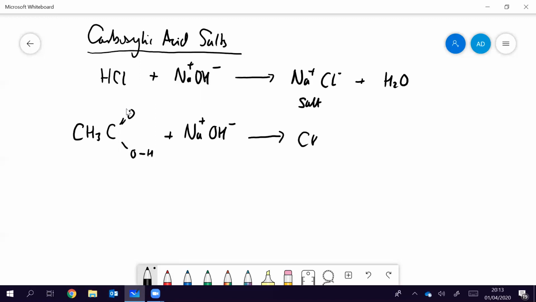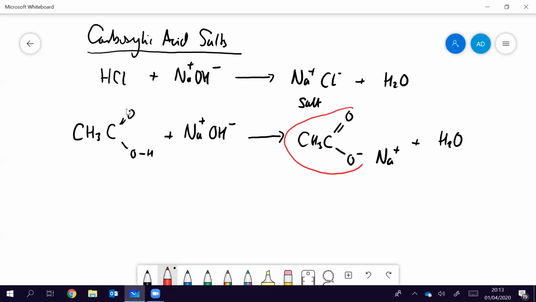So we're going to form this negative ion, and that will be on the positive ion sodium, and we're going to get H2O. Obviously, in aqueous solution, I've drawn that sodium very close to that ethanoate ion. It's not going to be anywhere near it, really. They're just floating around doing their own things. This would be called the ethanoate ion then. And the whole salt would be called sodium ethanoate.